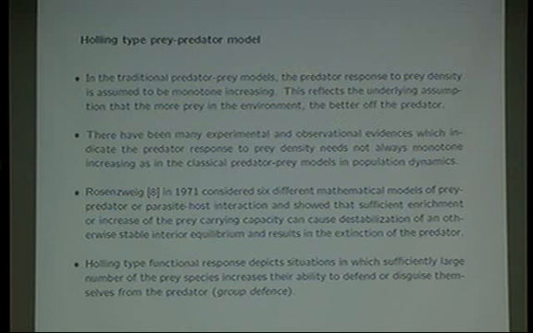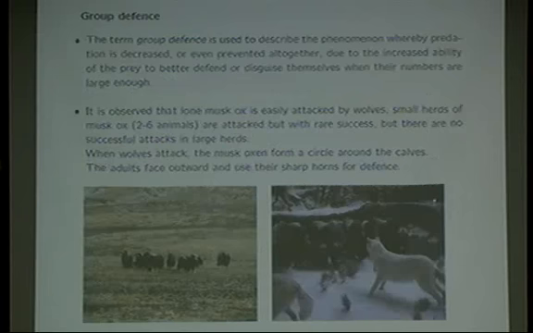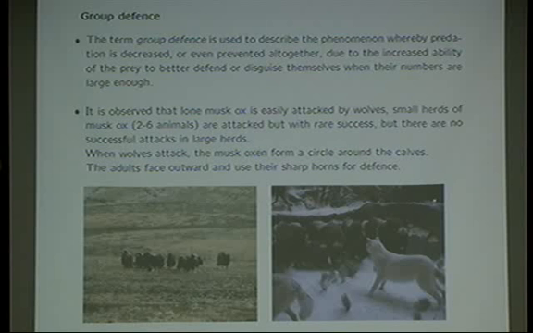Here, the Holling type functional response depicts the case where if there is a sufficiently large number of prey, that increases the ability of prey to defend or disguise themselves from the predator. That phenomenon can be called group defense. In nature, we can see some examples of group defense, like this musk ox.